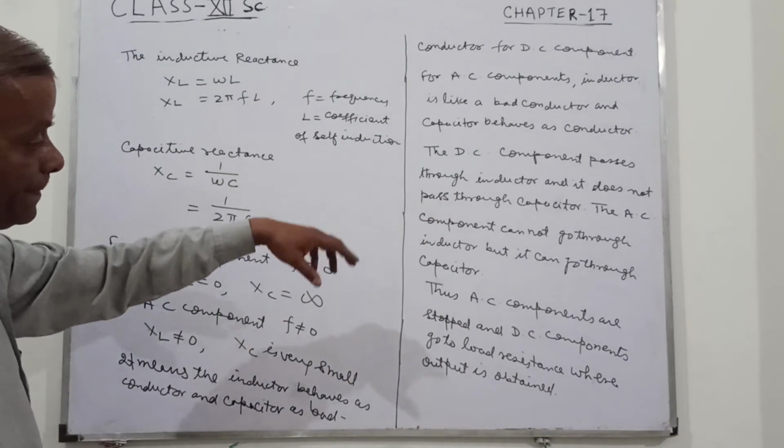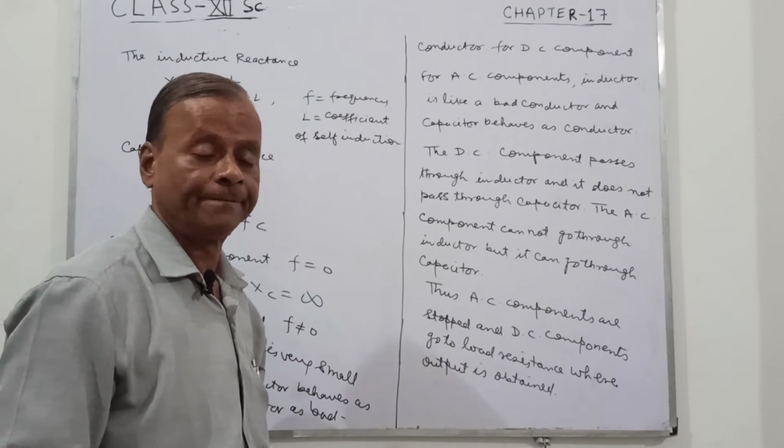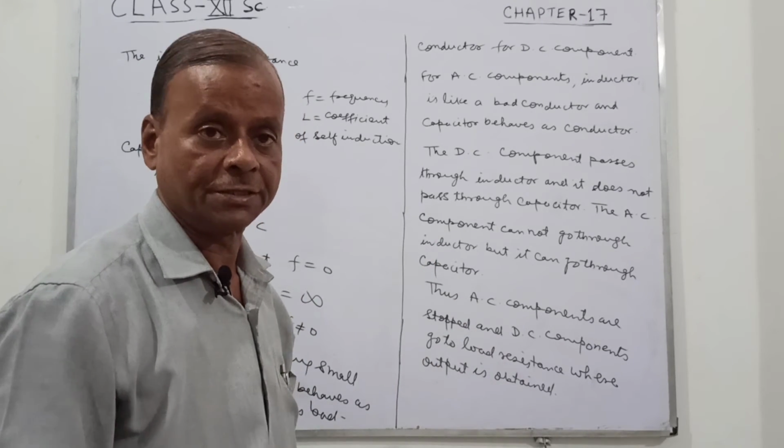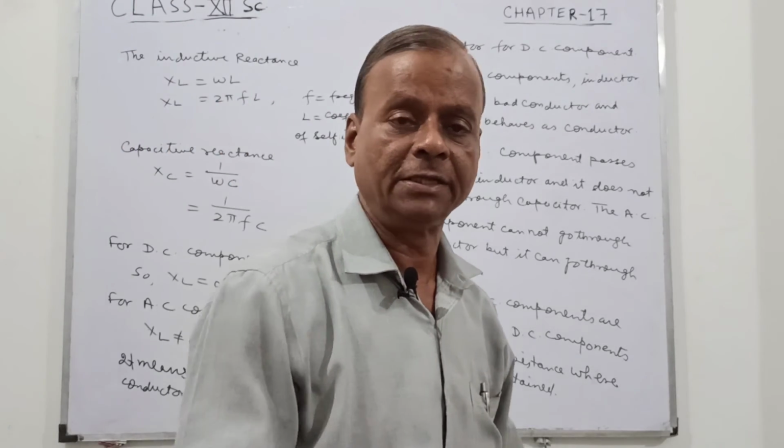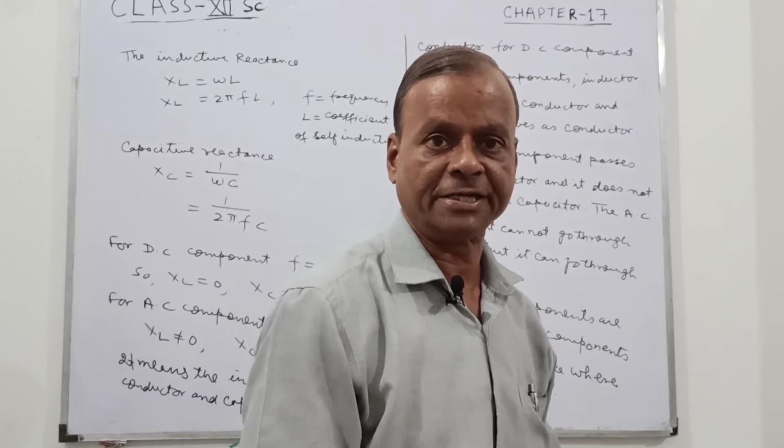So this shows that if there is still a pulsating output from the filter, then a next filter circuit is applied.